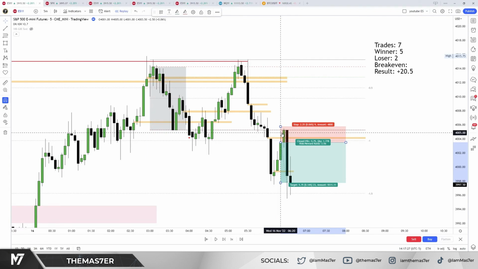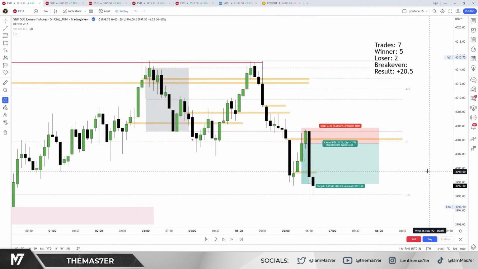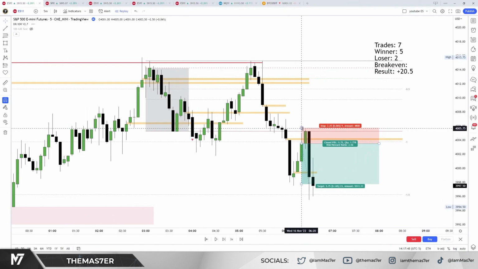Who has a 2 tick spread? Futures don't have spread, friends. But I understand what you're talking about. Don't worry. If you're trading a prop firm account or a CFD account, for all the trades I'm showing here, you have to put your stop higher because you have a spread for your CFD account.